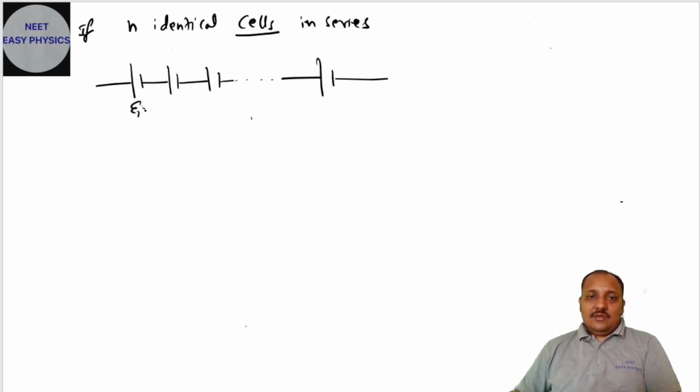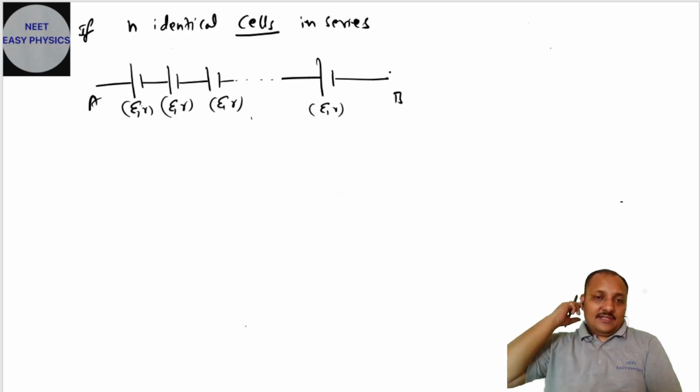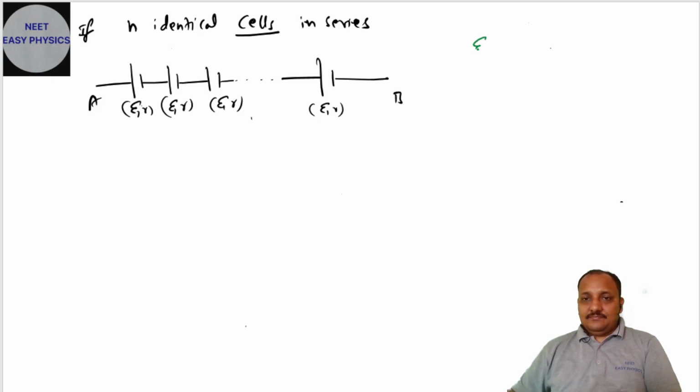E comma smaller r, E comma smaller r, smaller r means internal resistance. This is connected between A and B. Now what is the effective EMF? So EAB, equivalent EMF, is going to be E plus and so on E. What will you get? nE.